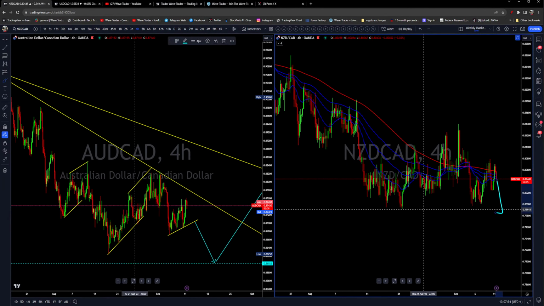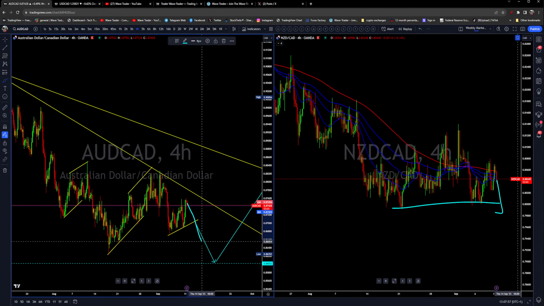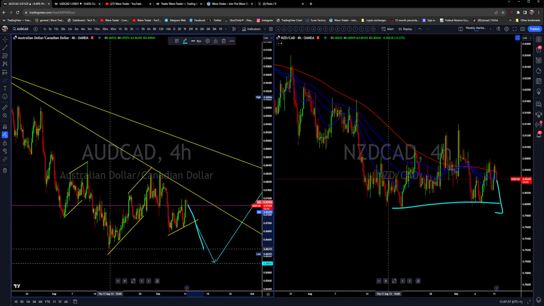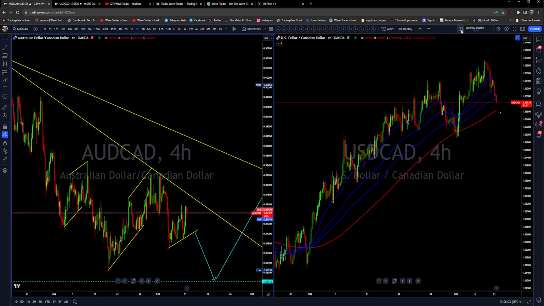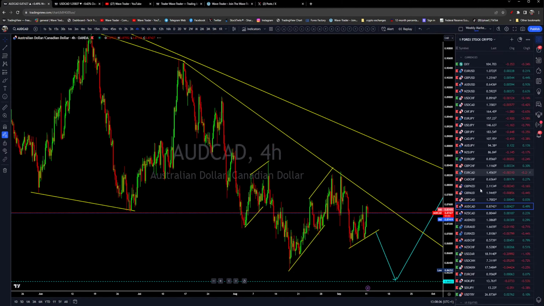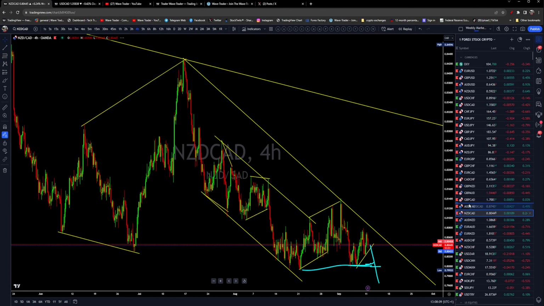If this pair falls past that low, then this is the trade. Back to that bottom. Pay attention over there. Same goes with the Kiwi CAD. These pairs should be like that. Both are the same.